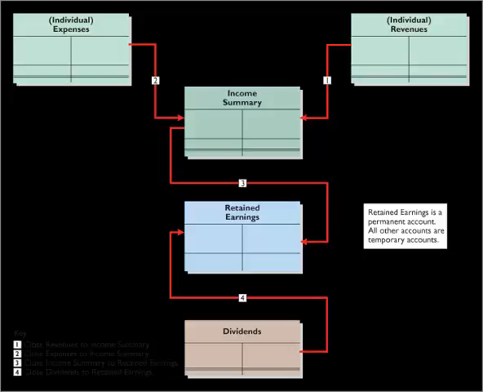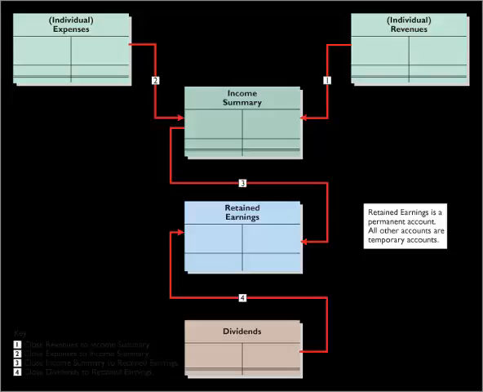If I've closed a bunch of accounts, what's going to be left? What's left? If it's not temporary, it's permanent. So our post-closing trial balance is just a trial balance of our permanent accounts. Okay, so if we closed it out, it doesn't show up on our post-closing trial balance.